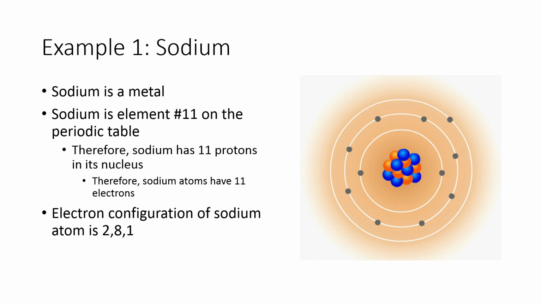That means that the electron configuration of the sodium atom is 2, 8, 1. That means that a sodium atom has 2 electrons in its first shell, 8 electrons in its second shell, and 1 electron all by itself in the third outermost shell.